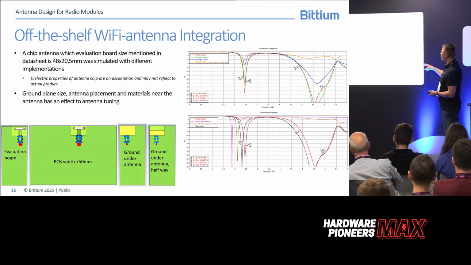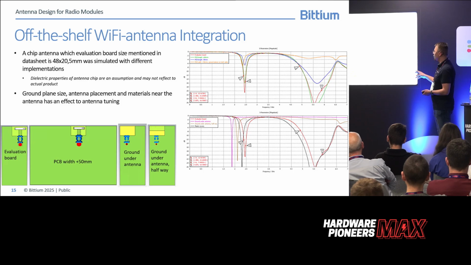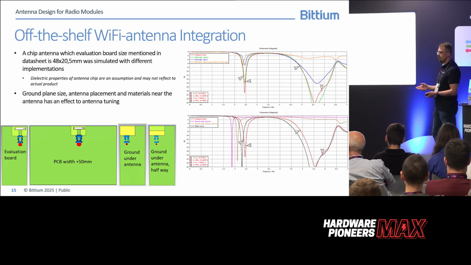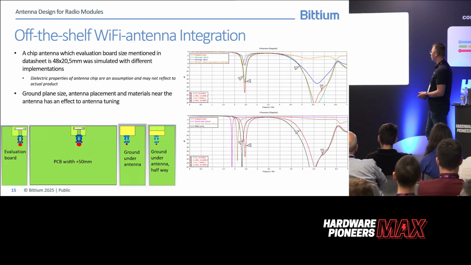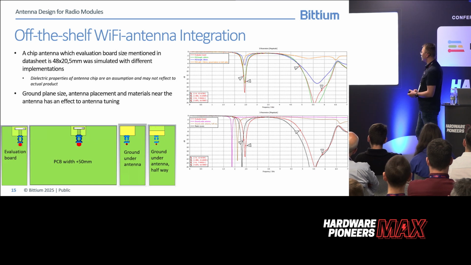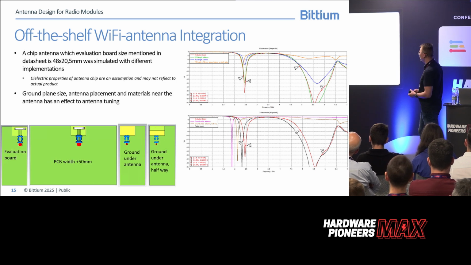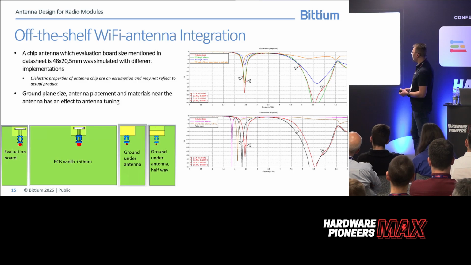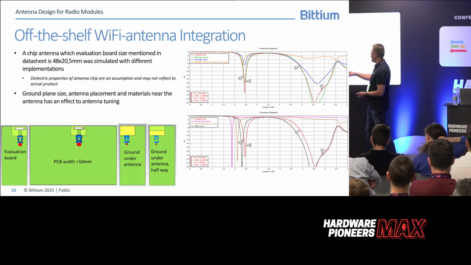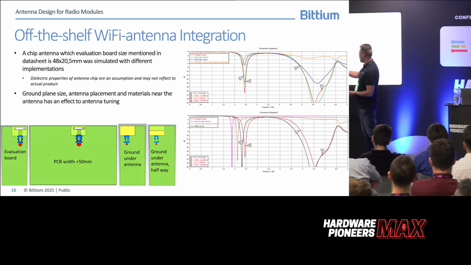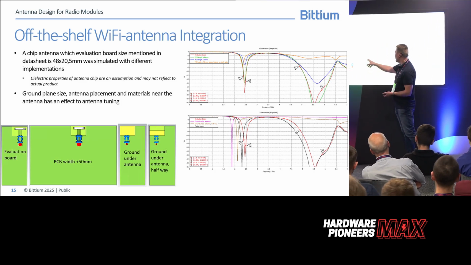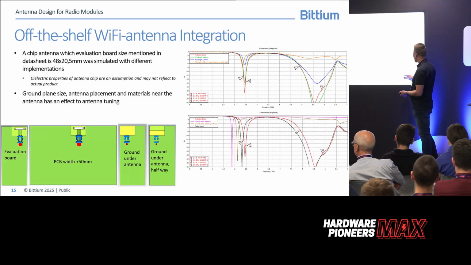One thing that we see very often is when a customer comes to us and says, I have a badly performing antenna and my connectivity is not at the desired level. We see that, against the design rules, they have placed ground plane under the antenna.